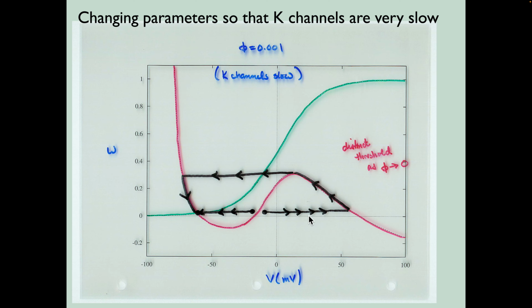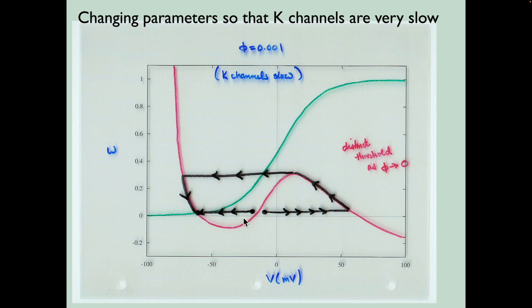So horizontal flow is always the first thing that happens in this limit where the potassium channels are slow. That's because if you're off the voltage nullcline, the rate of change of the voltage is much greater than the rate of change of W, and so you'll be moving effectively in the horizontal direction.